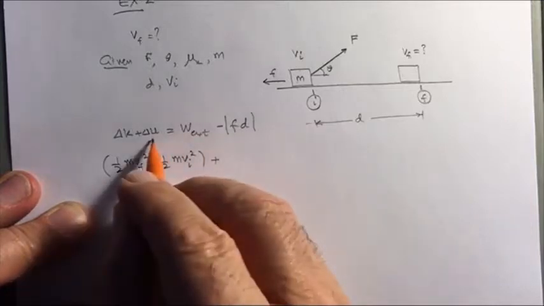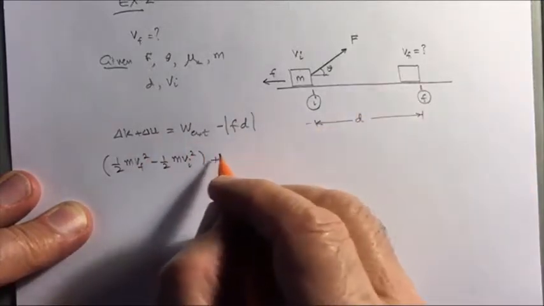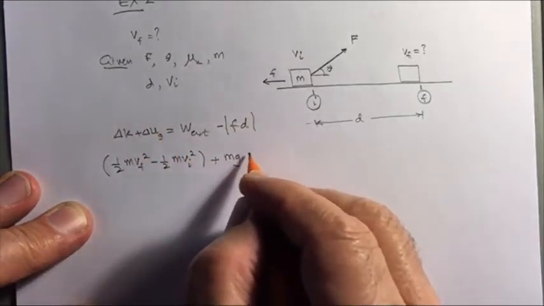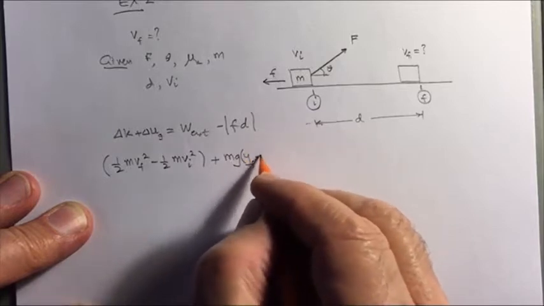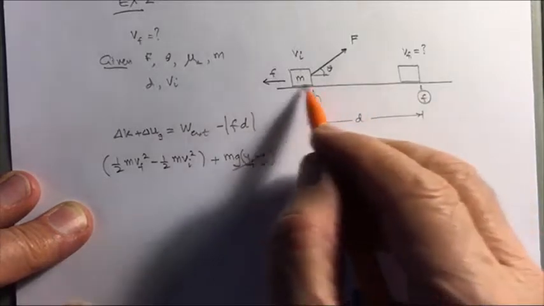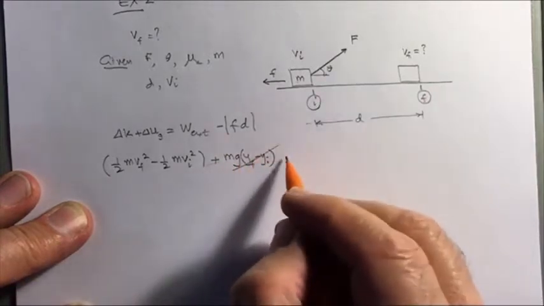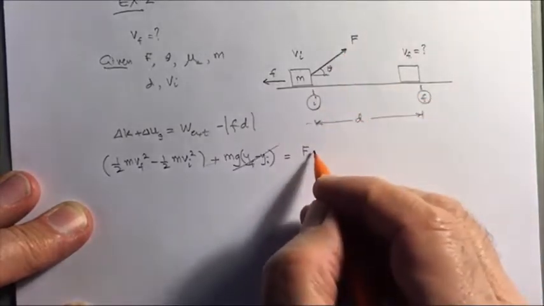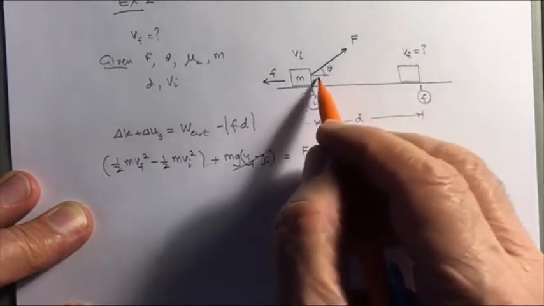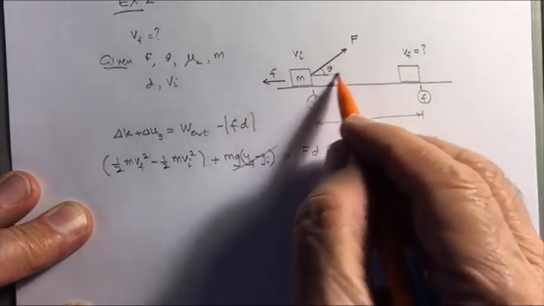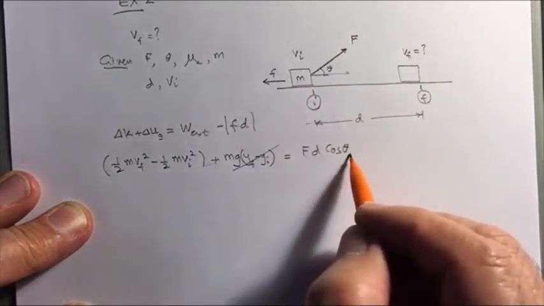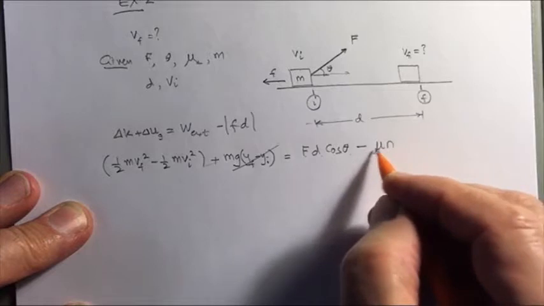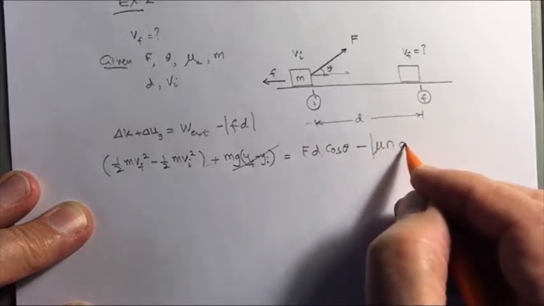The delta U: there's no spring, so it's only the gravitational potential energy, and that's going to be mg times (y final minus y initial), which is the same because it's horizontal, so this is 0. The external work is going to be F d cos theta, so F cos theta is its x component times d, and the friction becomes mu n, that becomes the friction times d.